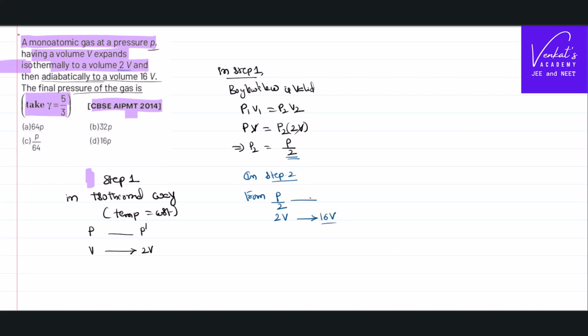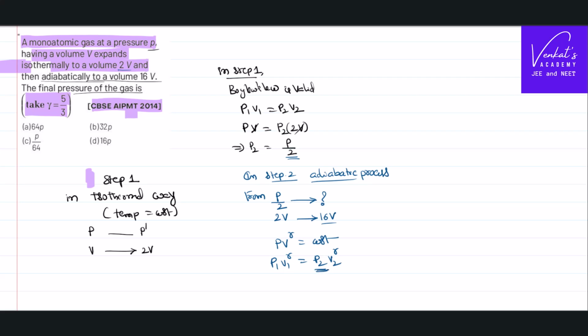If that is the case, what is the new pressure, where the process is adiabatic process. We know when the process is adiabatic, Boyle's law is not valid. Rather, PV power gamma is constant. That is, P1 V1 power gamma equal to P2 V2 power gamma.